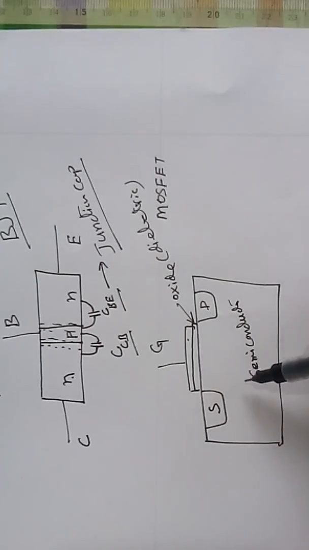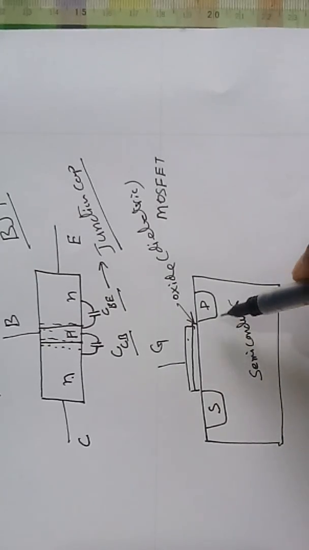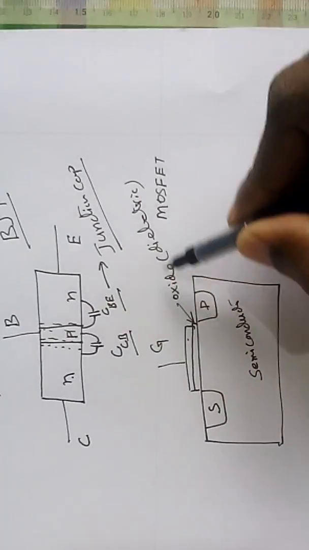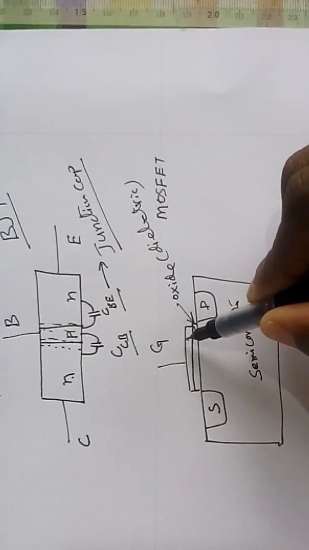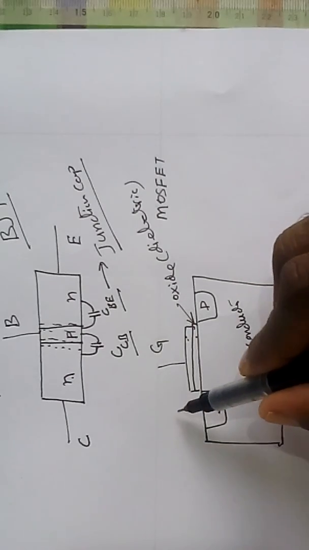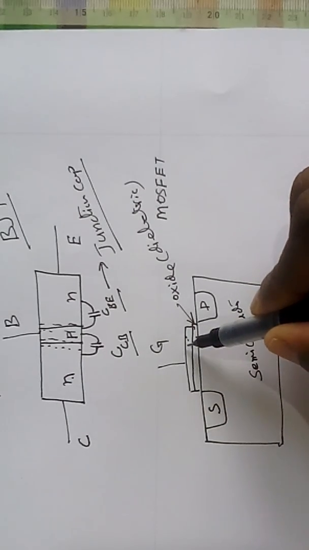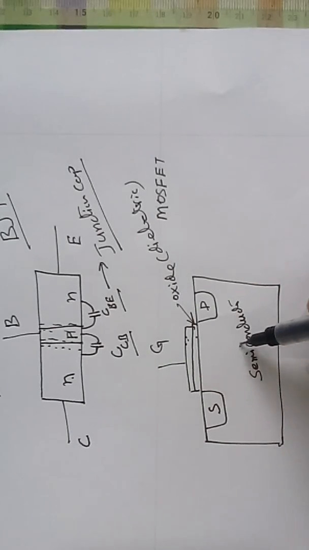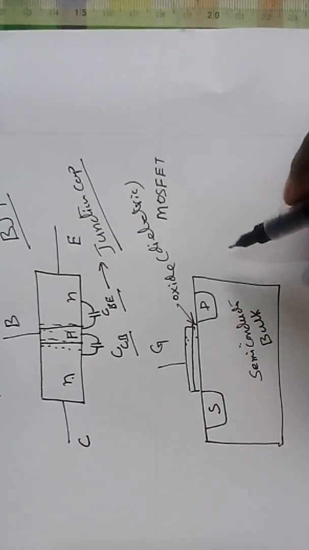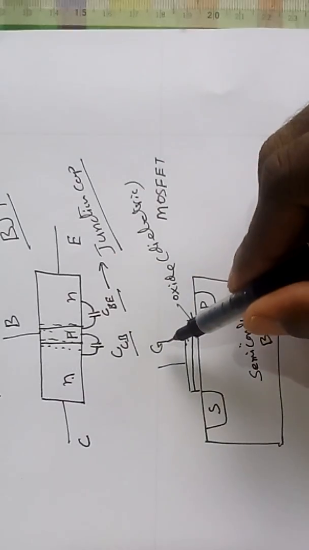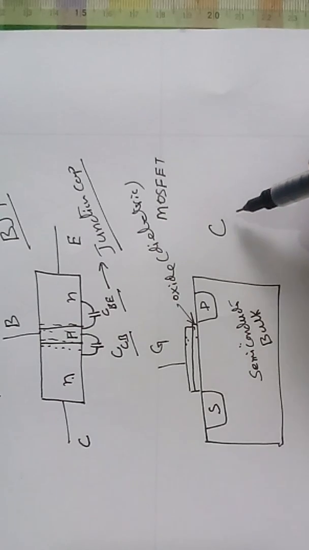So you can see there is a semiconductor here, an oxide layer which is a dielectric, and a conductor. So we have conductors separated by oxide. There is a capacitance between this gate and this semiconductor, which we usually call the bulk. We write that capacitance between gate and bulk as C_GB.